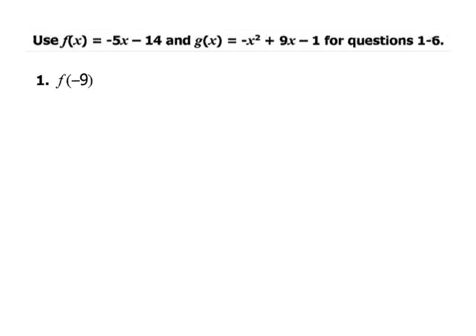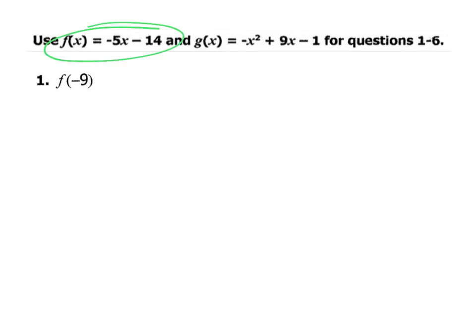All right, so for the next few example problems, we're going to be using these two functions. For f of x, we're going to use negative 5x minus 14, and for g of x, we're going to use negative x squared plus 9x minus 1. The first thing you want to do is identify which function you're using. So number 1 is asking us to find f of negative 9. So we're going to be using our f of x function.